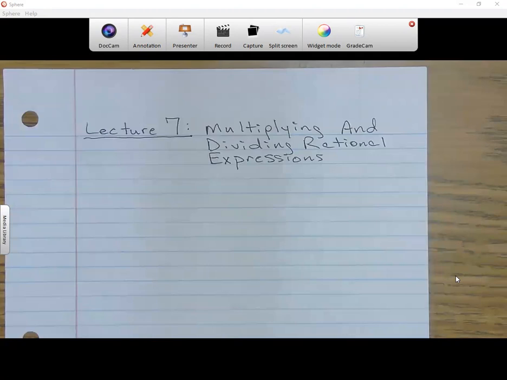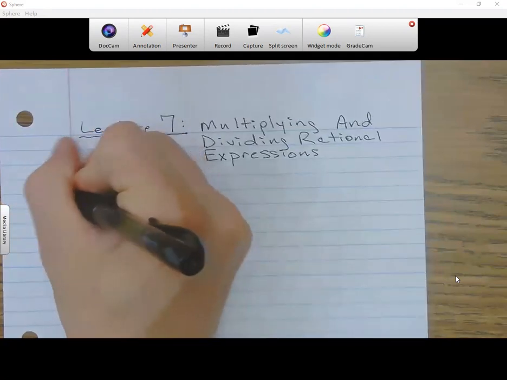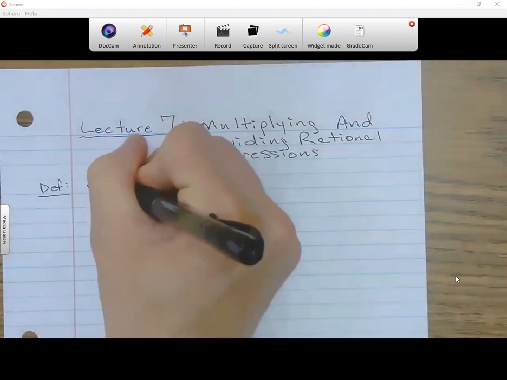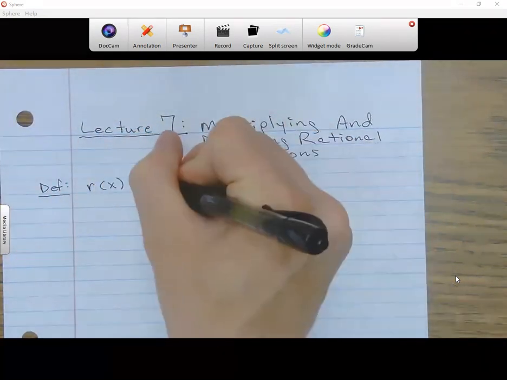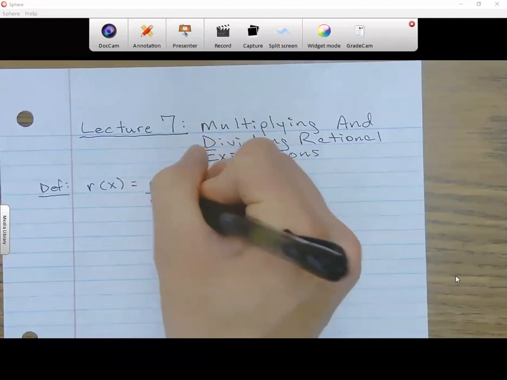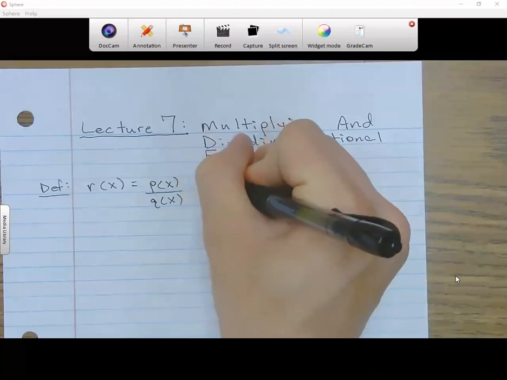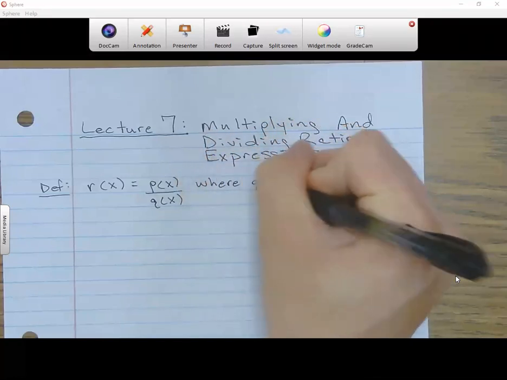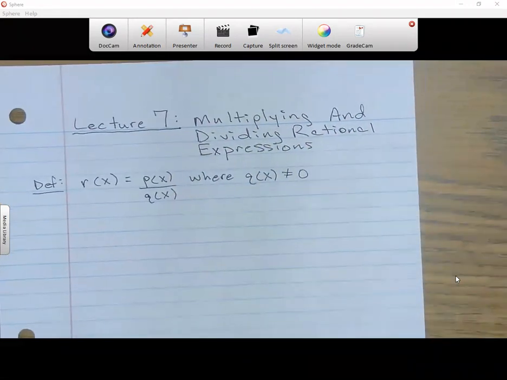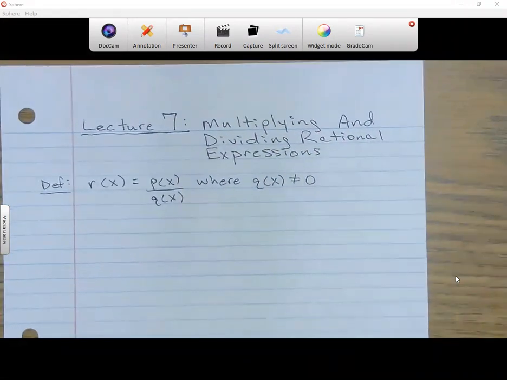So it would look kind of like this: R of x is equal to P of x over Q of x, where Q of x is not equal to 0. Okay, because then we'd be dividing by 0, right? So we can't have Q of x be 0.